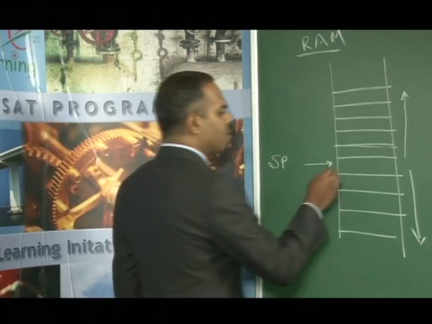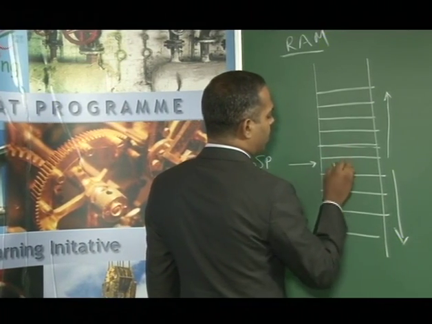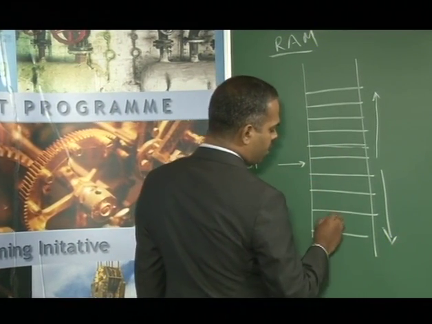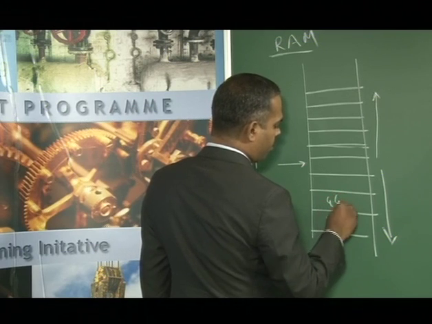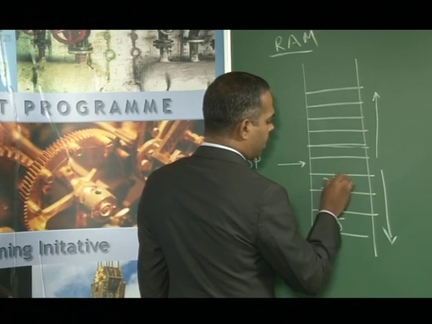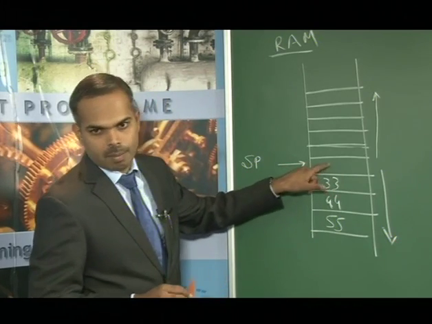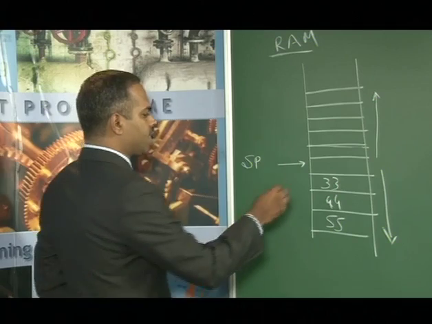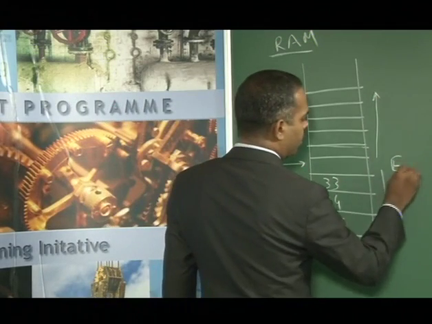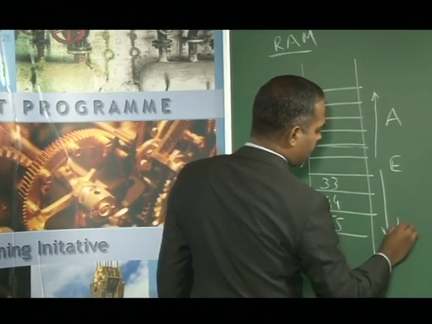Let's assume we have stored some values in memory, that is 55, 44, 33, and my stack pointer is pointing to the next free memory location, then we will call it empty. This is ascending, this is descending.